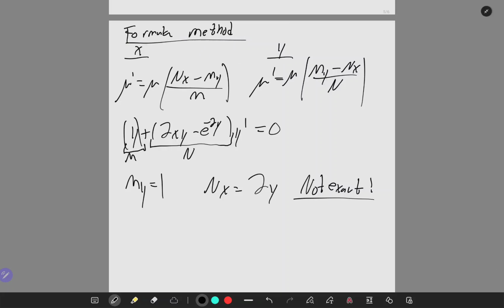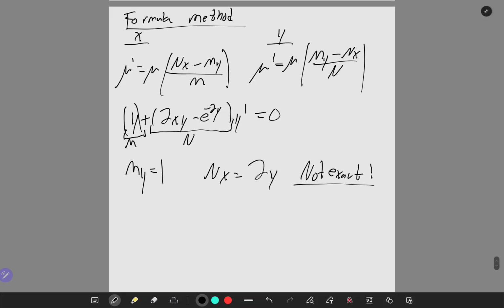So which formula would make more sense in this case? Could I remove the y's or could I remove the x's? Well, let's look. If we look at the first equation, we'll have nx minus my, which is 2y minus 1 over m over y. That can work, right? That can work.